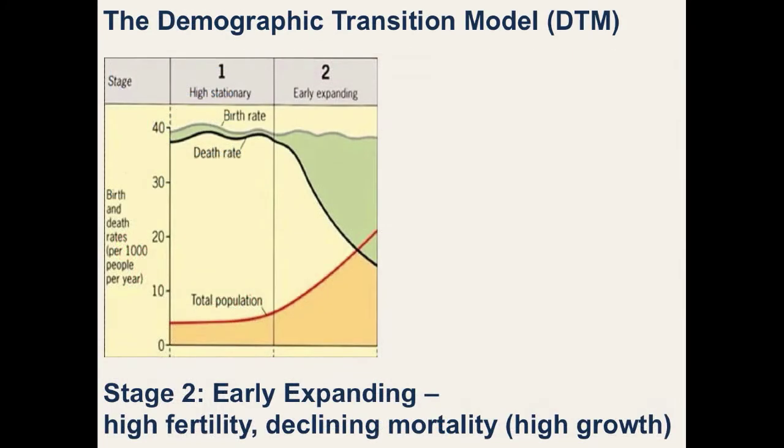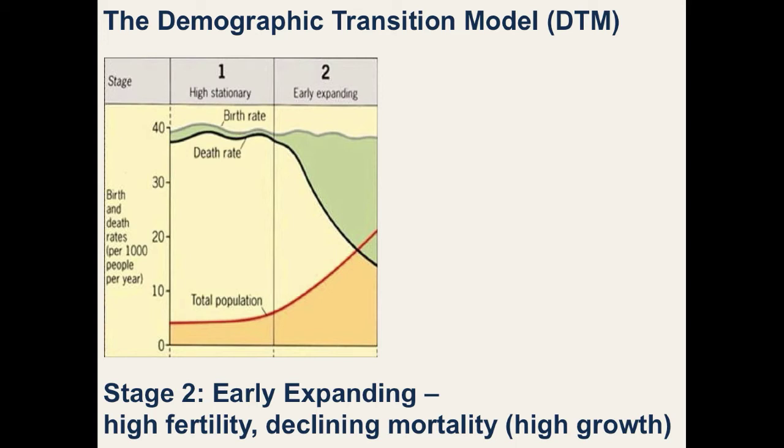So, Great Britain was the first country to progress into stage 2 of the DTM, known as the early expanding stage, with high birth rates and declining death rates, leading to high rates of natural increase. As industrialization spread beyond the borders of Britain, other countries, first in Europe and the United States, witnessed similar demographic changes.